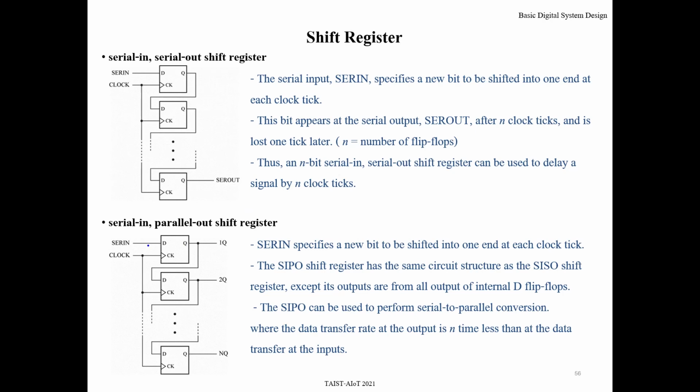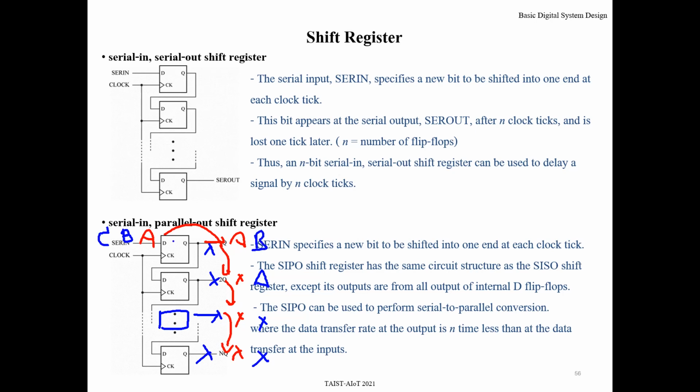For example, if the current value is something unspecified, and at the first clock tick the input is A, that means when the clock ticks, this one goes to here, this one goes to here, this one goes to here, and A comes here. It becomes A, X, X, X. At the next clock tick, if the value is B, that means when the clock ticks, A goes to here, X, X, and B comes here, right?